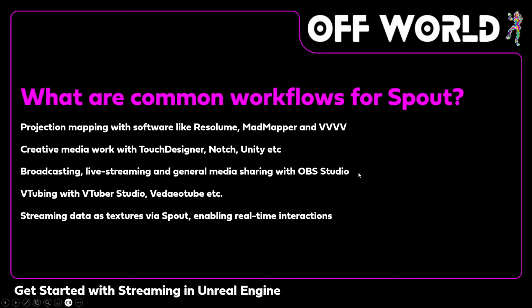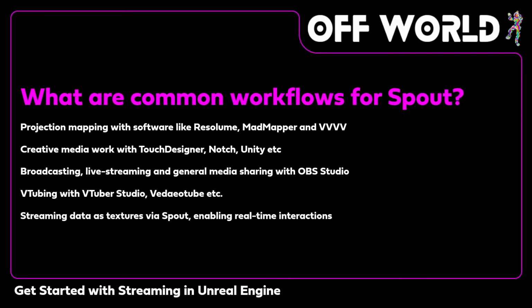So, some common workflows for Spout. For the past 2 weeks or so, we've been exploring different workflows involving Spout with the Off-World Media Production Toolkit. The first thing you might have seen is projection mapping, sending visuals to software like Resolume, MapMapper, and 4V.